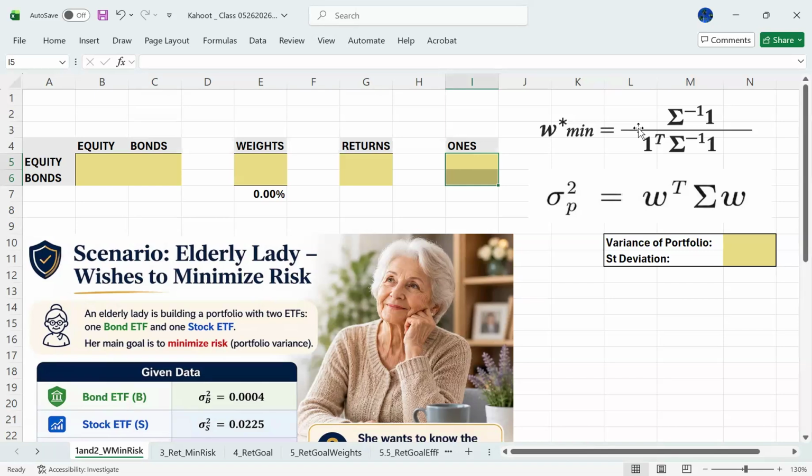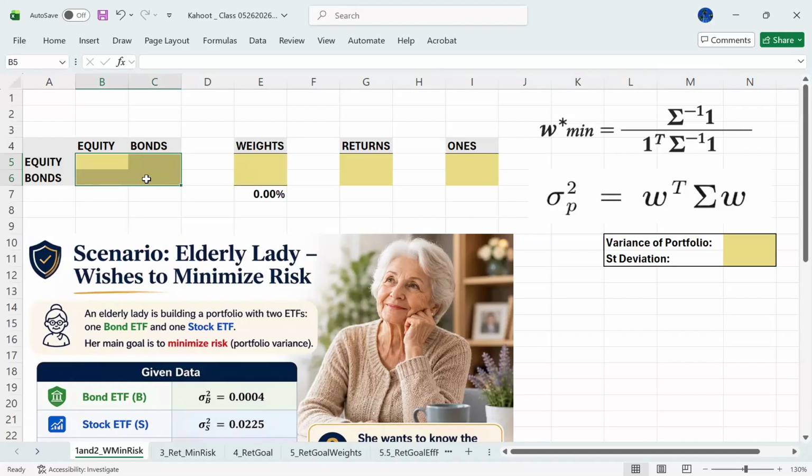The amazing side of working with matrix operations is that we are going to work with a very simple problem. We only have two possible assets, bonds and stocks in this case, but the exact same approach with matrix operations can be used for a much larger matrix.